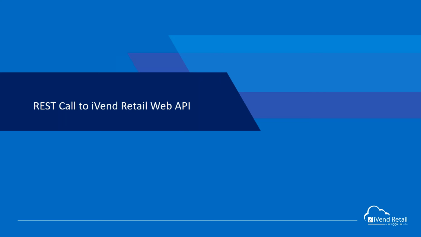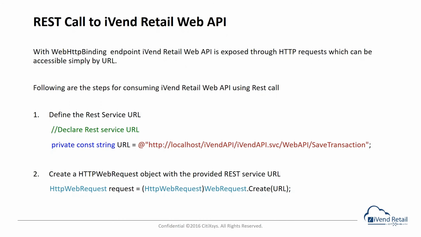So here I'm going to explain how you can make a REST call to the iVend Web API. Just like any other web API, you'll have to provide the REST service URL, which you can get from the installation path where your service has been hosted. Because localhost has been used, I am posting the URL for the save transaction method.